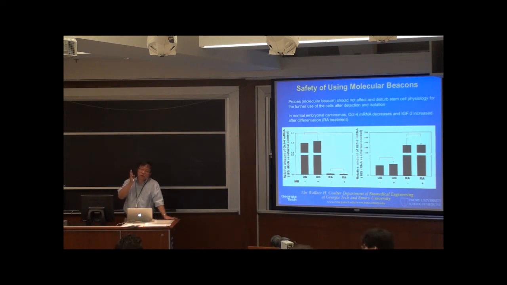Oh, that's a good question. So you could use either DNA or RNA, right? If you use RNA molecules to form the backbone of the beacon, the affinity actually is higher because you would have RNA binding, right? With DNA, usually the affinity is lower because you have DNA-RNA binding.